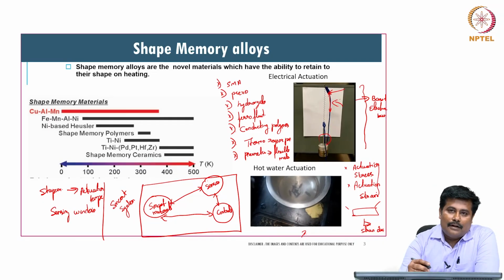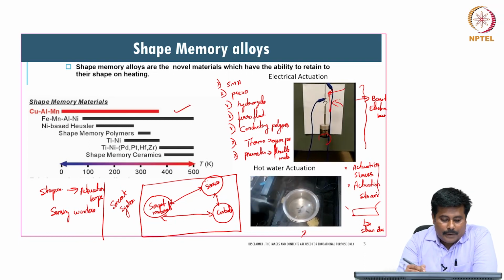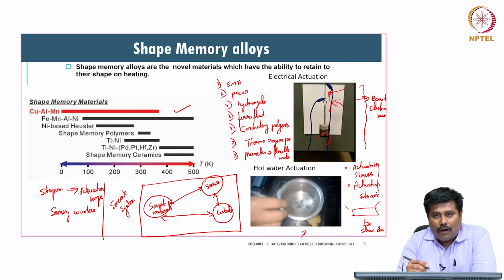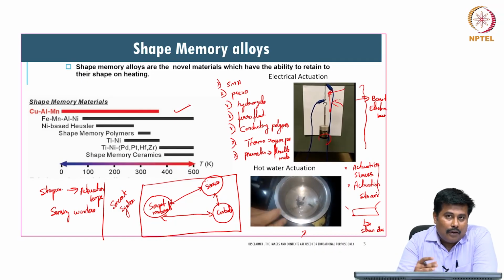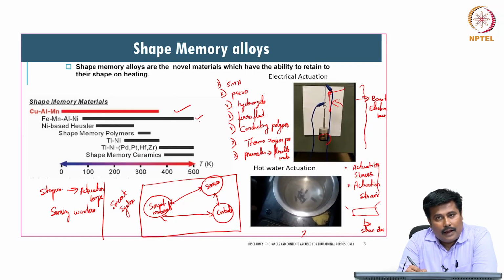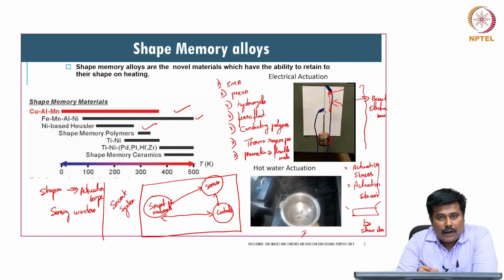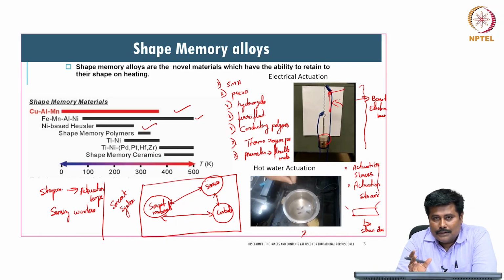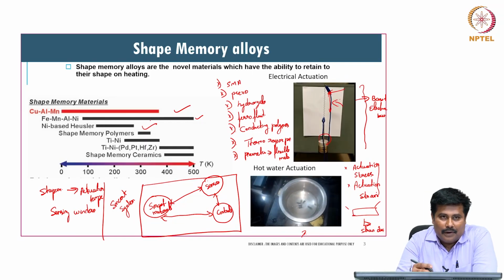Now, there are different types of shape memory alloy materials. One is a copper based shape memory alloy, which has a combination of Cu, Al, Mn or Cu, Al, Mn, Zn, etc. So either it might be a ternary or a quaternary alloy. Then there are some Fe, Mn, Al, Ni based combinations. There are Ni based Heusler alloys, which are also called magnetic shape memory alloys.